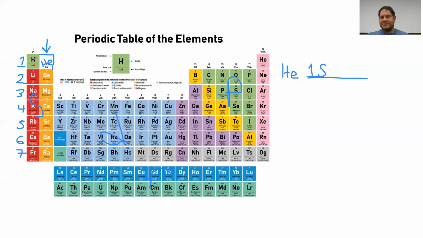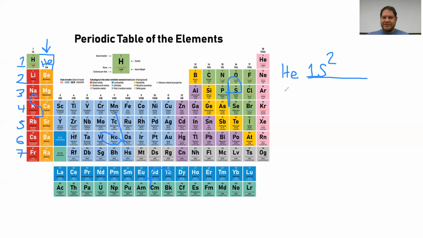So we're going to count the number of electrons per box. So 1, 2, and we're at helium. So we're done. Then I'm going to put a 2 up here. And that's it. That's the electron configuration for helium, 1s2. So again, I'm just counting using boxes representing 1 electron, the S, P, D, F blocks on the periodic table, and the period number for energy levels.